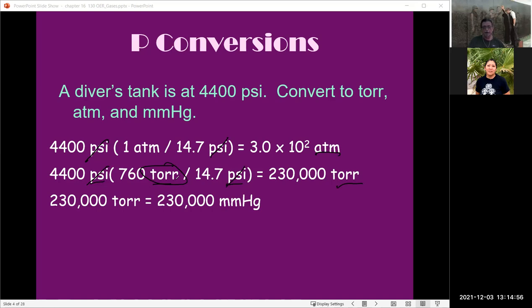And then since we know that 760 torr is equal to 760 millimeters of mercury, to get from torr to mercury, it's a 1-to-1, okay? So 230,000 torr is equal to 230,000 millimeters of mercury. Okay, so those are examples of conversion factors of units of pressure for gases.